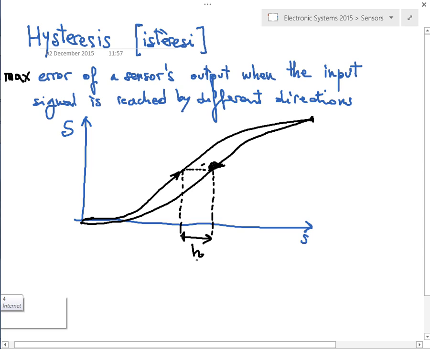One calls it H, where H stands for hysteresis. This is much more common than one would expect.